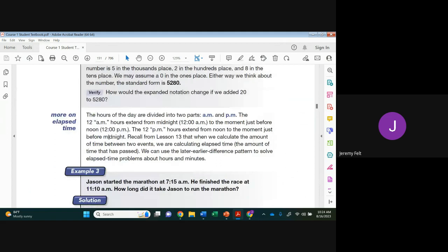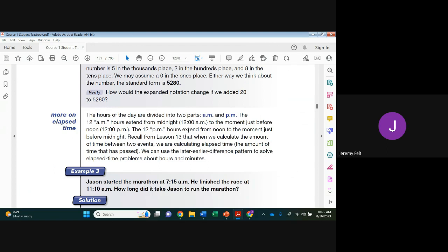Okay, time is one that's kind of unique because we have minutes and hours, so we're working with technically 2 different units, and then we use this colon in between to separate the hours and minutes. Unless we're using military time, commonly we go midnight, which is 12 a.m., and then we go 1, 2, 3, 4, 5, 6, 7, 8, 9, 10, 11, 12, and then start over 1, 2, 3, 4.